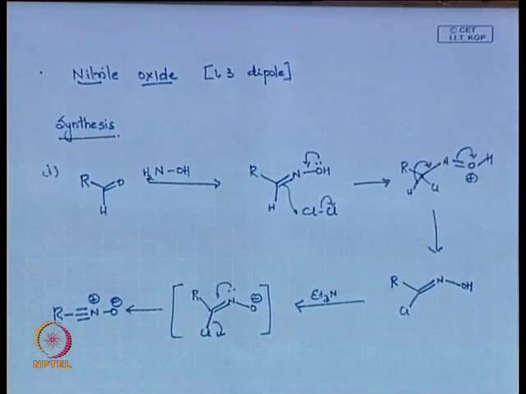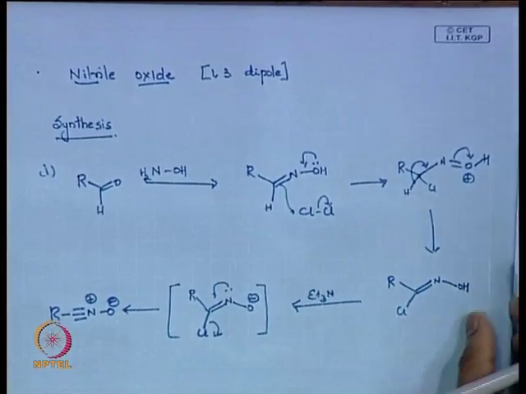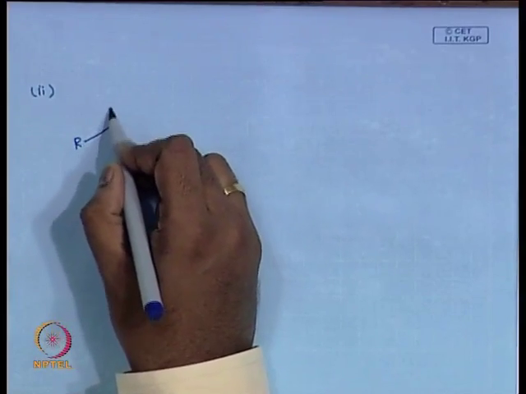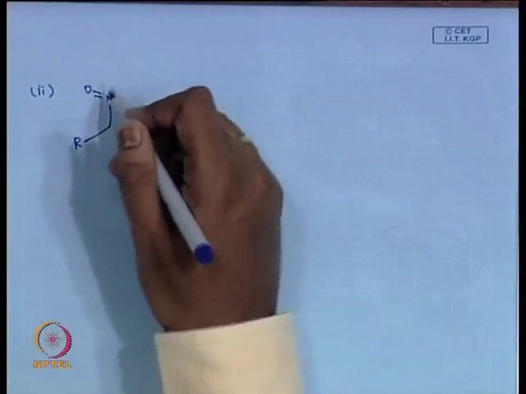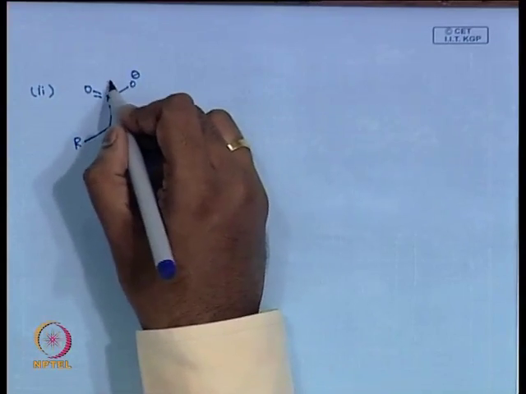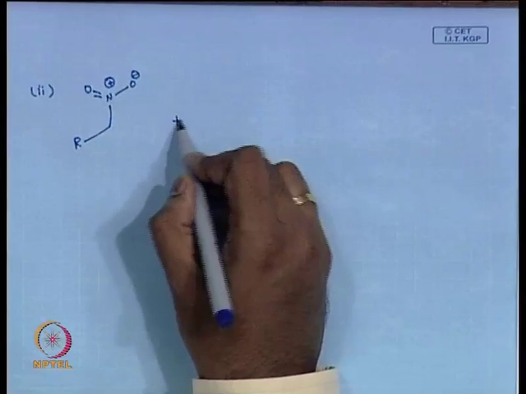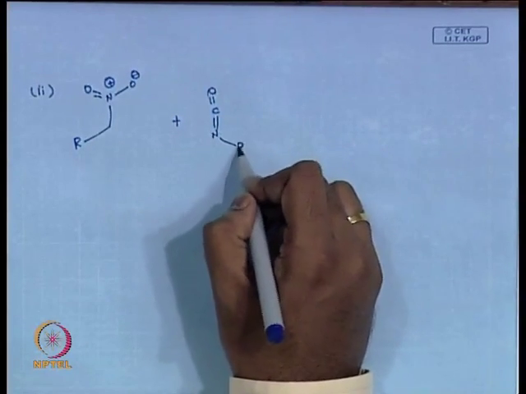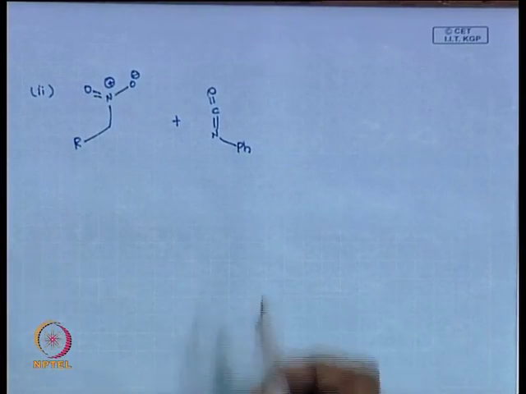One more method is there for nitrile oxide synthesis. Can you remember? Using your nitro compound and isocyanate. You can take your nitro compounds, O minus N plus, with your cyanate type of compound, phenyl isocyanate, right?